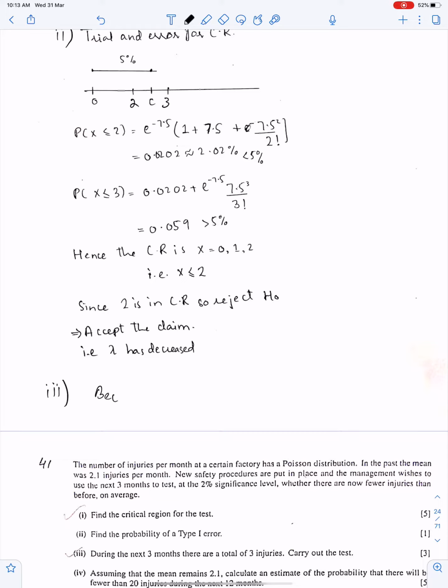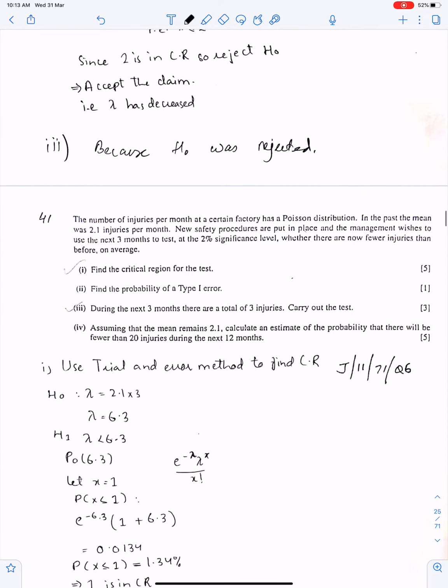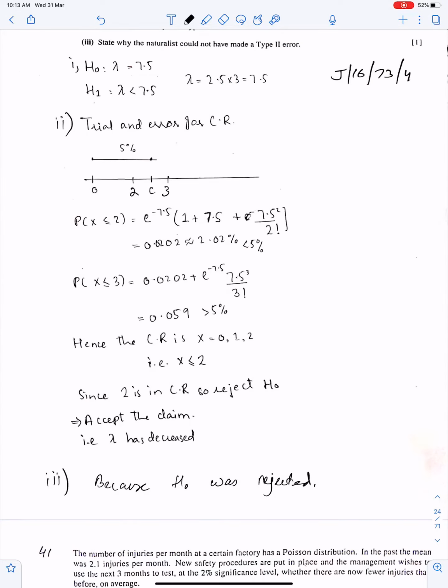Because H0 was rejected. And you all know type 2 error occurs when H0 is accepted. We rejected H0, so type 2 error cannot be made.